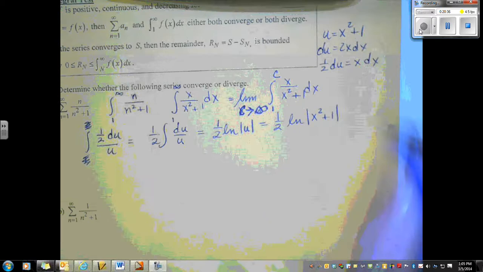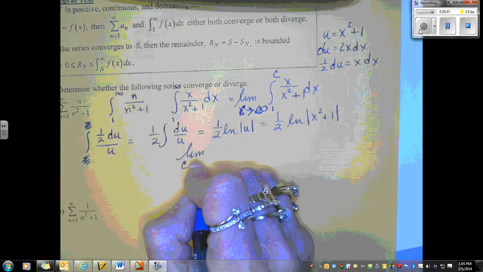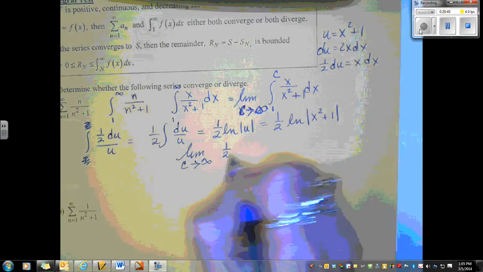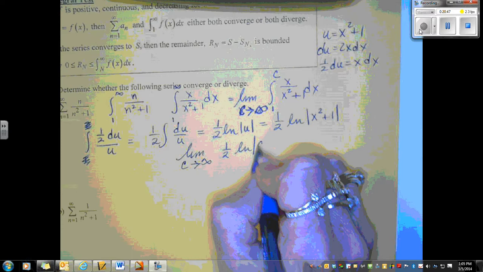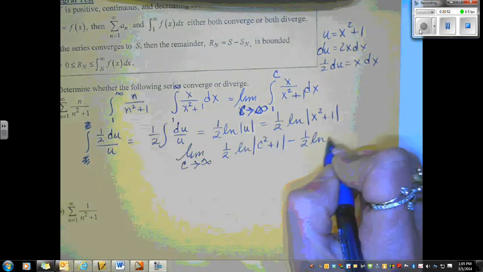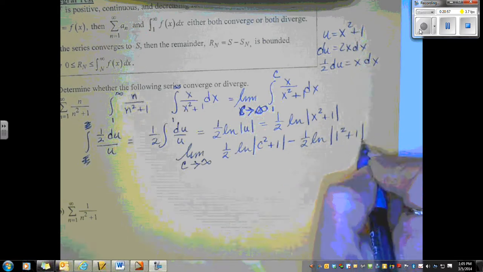So now I have to do the limit as c goes to infinity of 1/2 of ln of c squared plus 1 minus 1/2 ln of 1 squared plus 1. Right?